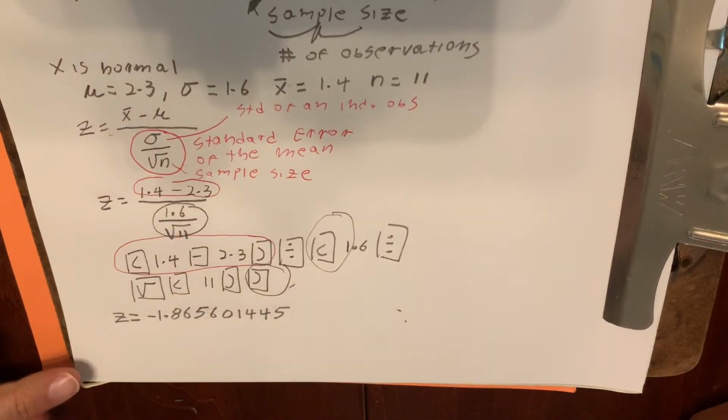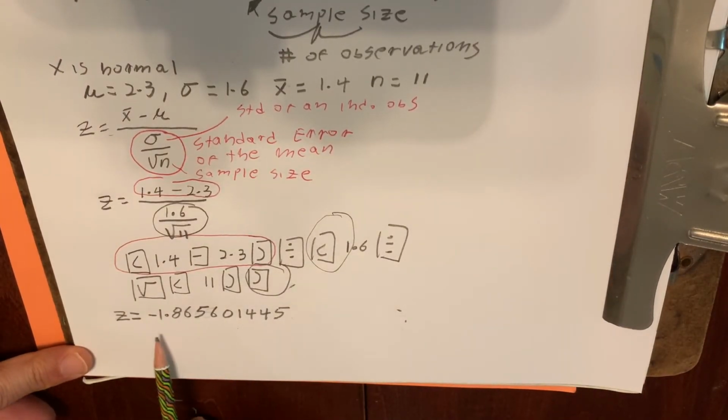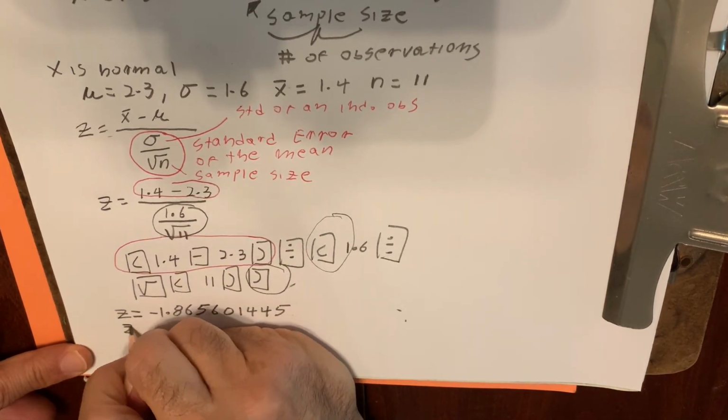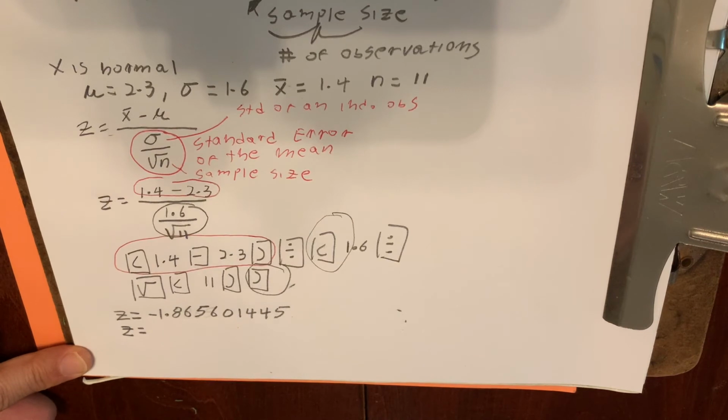So when we plug this into the calculator, we get a z-score of negative 1.865601445.